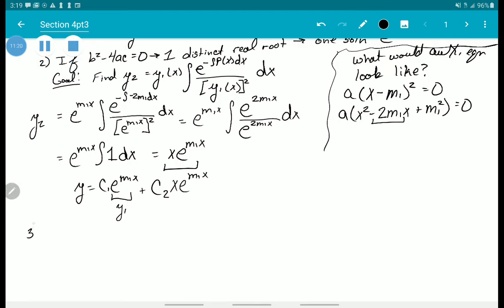And then that third case, if we had a negative discriminant, so b squared minus 4ac was less than 0, we ended up with complex conjugates.